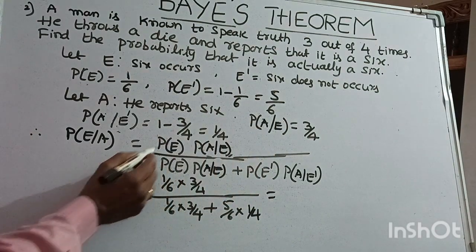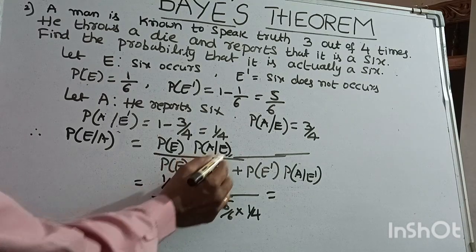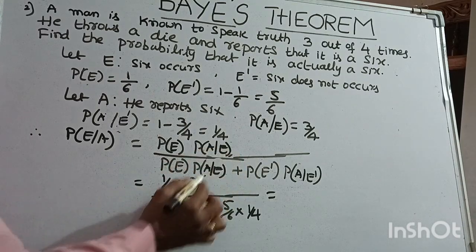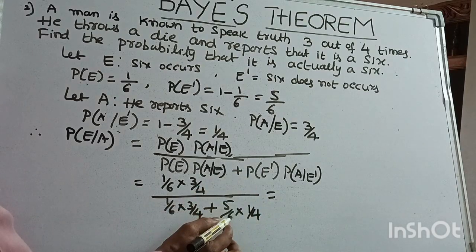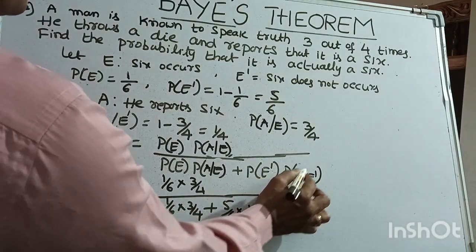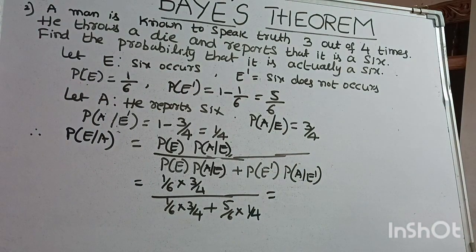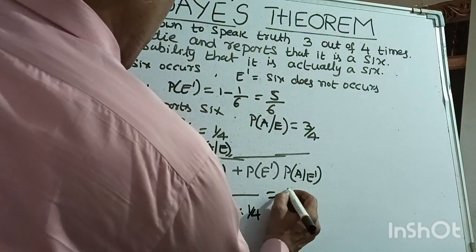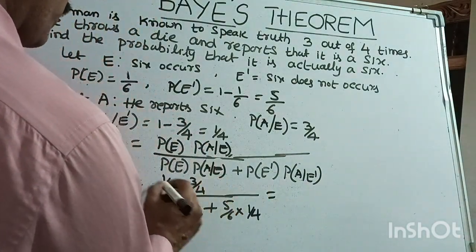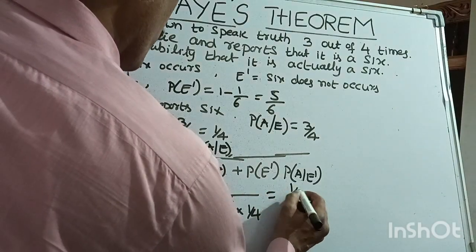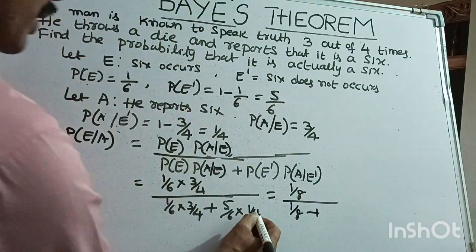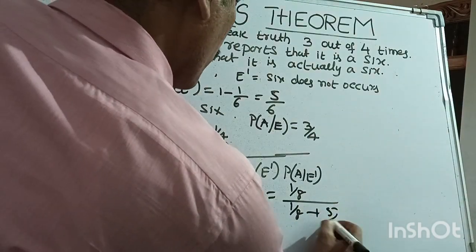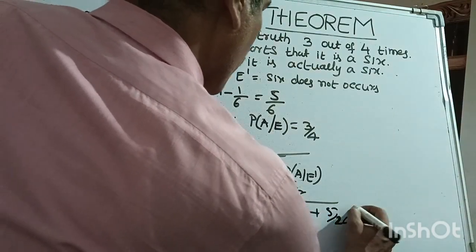So substitute the values: the probability of E, times the conditional probability of A given E has occurred, 3 by 4, same in the denominator, plus the probability of E complement into the conditional probability of A given E dash has occurred. So we simplify. We get 1 by 8 in the numerator, divided by the same 1 by 8 plus 5 by 24.